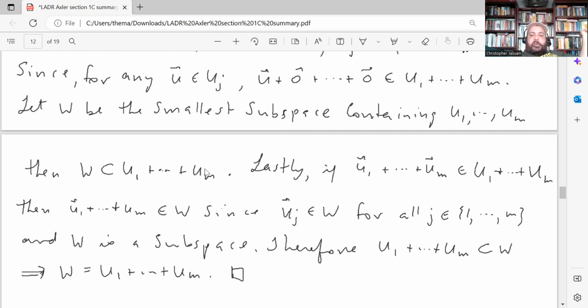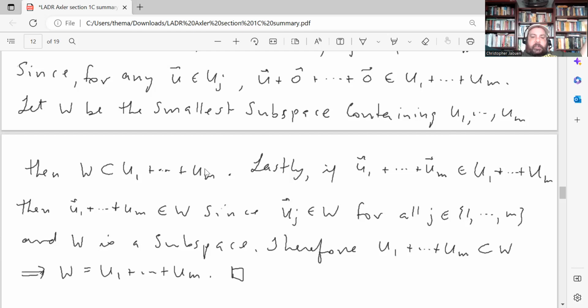And lastly, if you take an arbitrary vector from the sum U1 plus ... up to UM, then U1 plus ... up to UM has to be an element of W because W is a subspace. Therefore, it has to be closed under addition, and so on. So it contains all of those vectors U1 all the way up to UM.